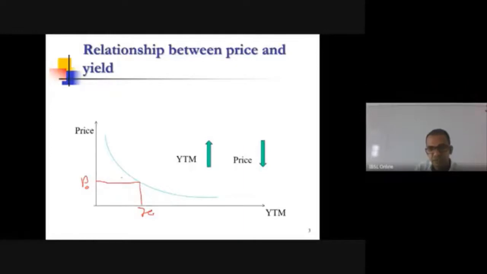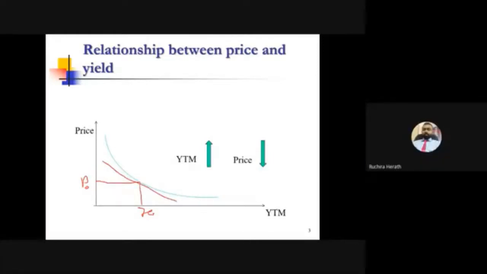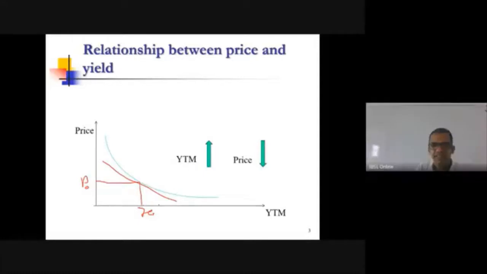Then we assume the slope is constant everywhere. That means we assume price changes along a straight line. When we increase this 7% to 8%, according to the modified duration, price will be somewhere here. But the real price is here. This is the estimate. This is the correct price.